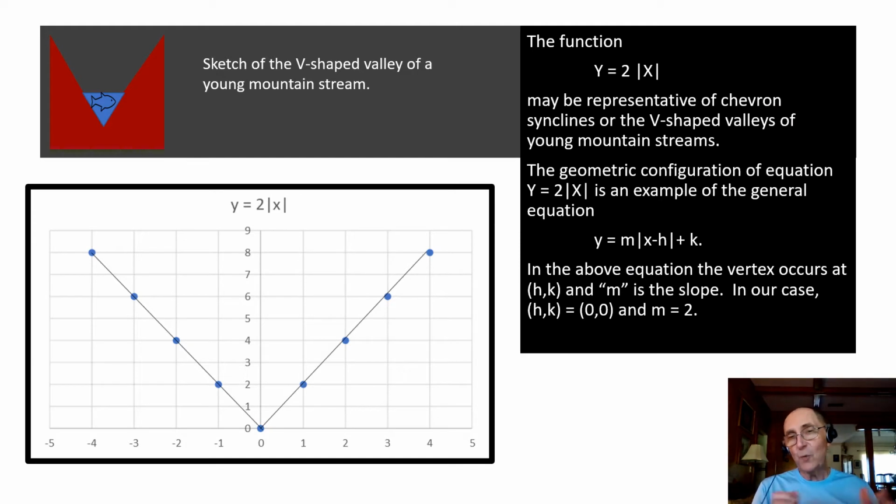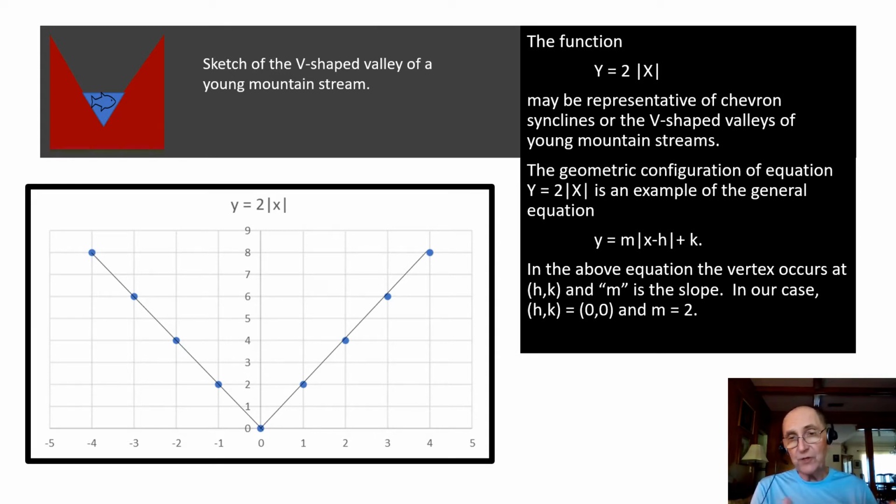Well, let's take each one at a time. The function y is equal to 2 times the absolute value of x may be indicative of a chevron syncline or the V-shaped valley of a young mountain stream.